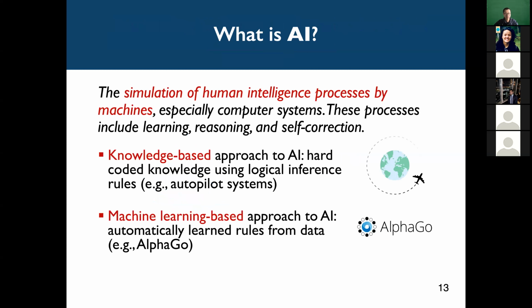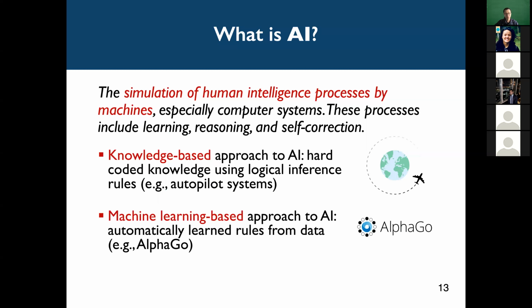So what is AI, right? AI, artificial intelligence, is a simulation of human intelligence processes by machines, especially computer systems. The processes include learning, reasoning, and self-correction.